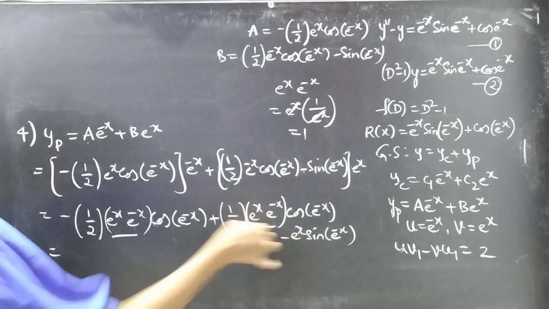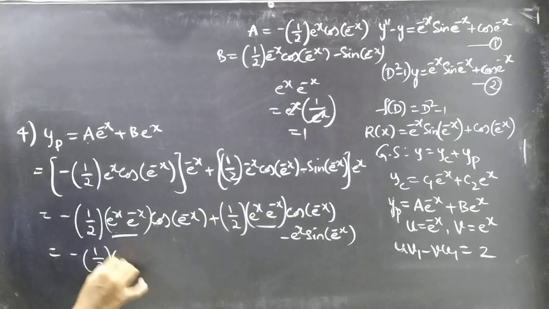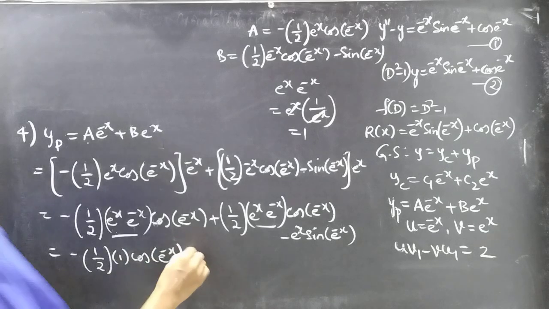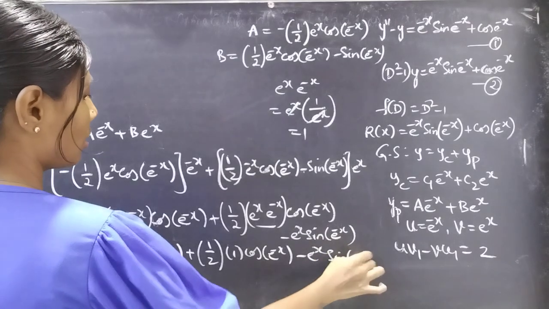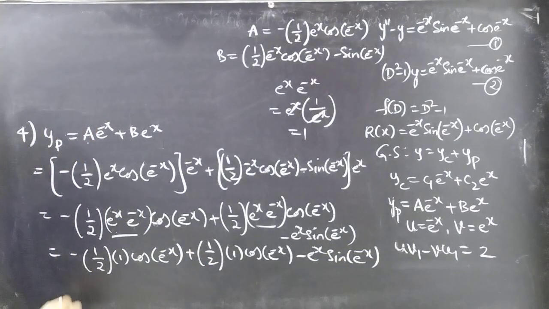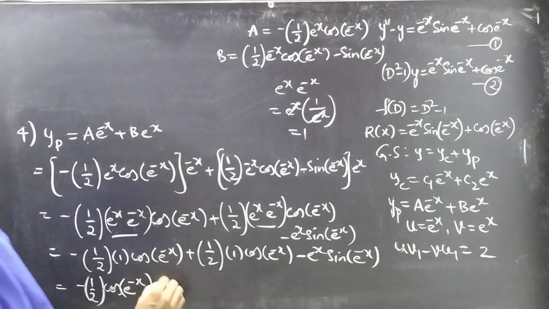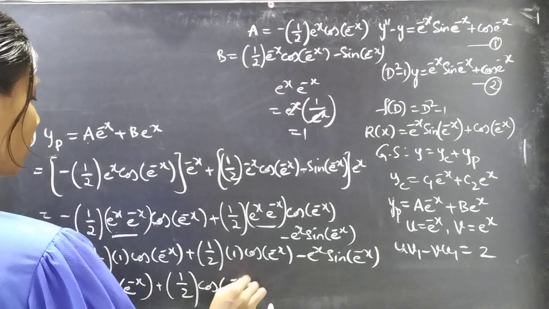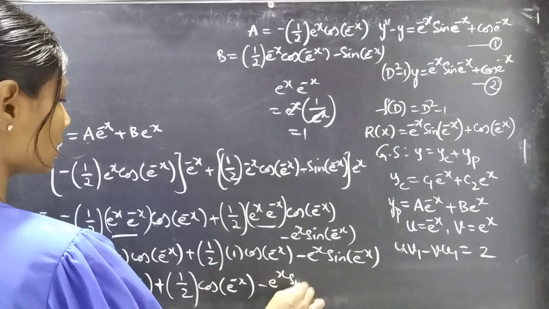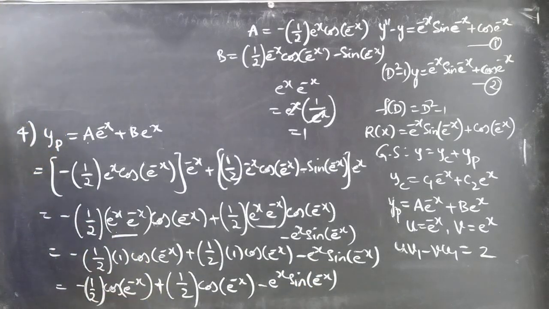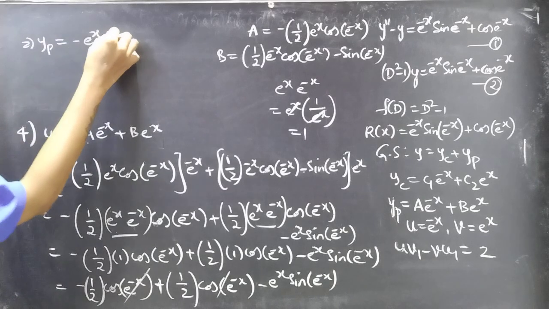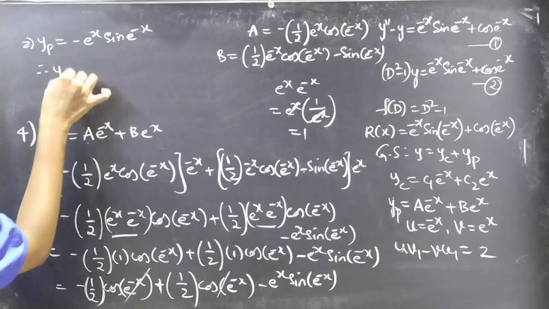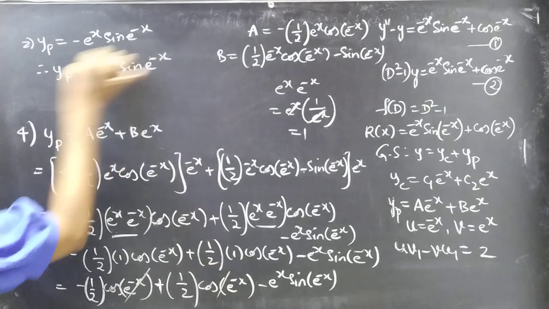Now replace this e power x into e power minus x by 1, we'll get minus 1 by 2 into 1 into cos e power minus x plus 1 by 2 into 1 into cos e power minus x minus e power x sin e power minus x, which gives us minus 1 by 2 cos e power minus x plus 1 by 2 cos e power minus x minus e power x sin e power minus x, where minus 1 by 2 cos e power minus x plus 1 by 2 cos e power minus x gets cancelled, and you'll get yp equal to minus e power x sin e power minus x.